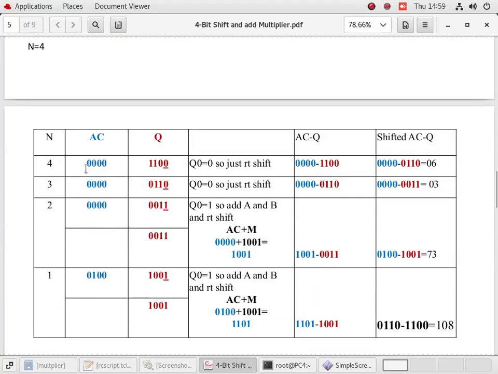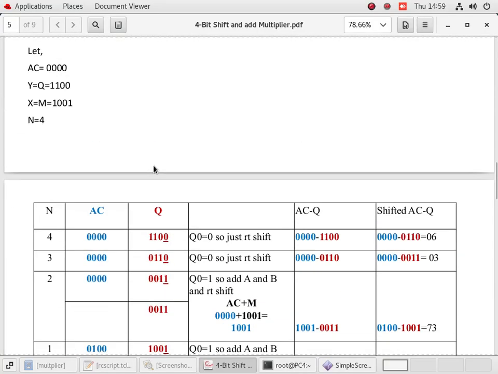So now initially the accumulator is 0 0 and the q value, 1 1 0 0, is taken, and now the q0 value is checked. Here we see the q0 value is 0. Since it is 0, the accumulator and q are concatenated and right shifted.